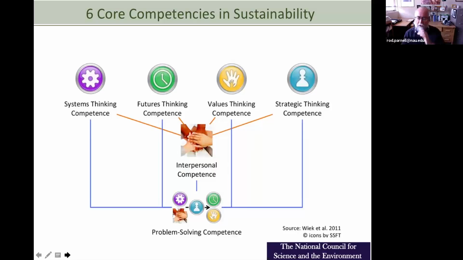So as we approach this overview of sustainability competencies based upon the Wiek et al. model, we can think about 4 basic competences with respect to identifying and planning for a particular sustainability challenge: systems, futures, values, and strategic, which I'd mentioned.